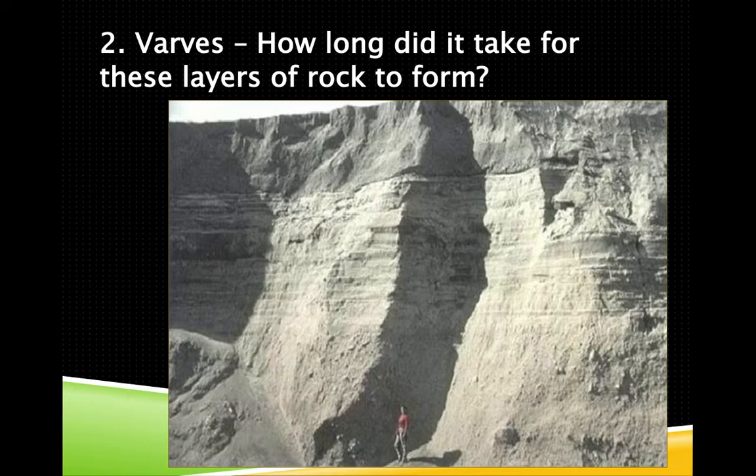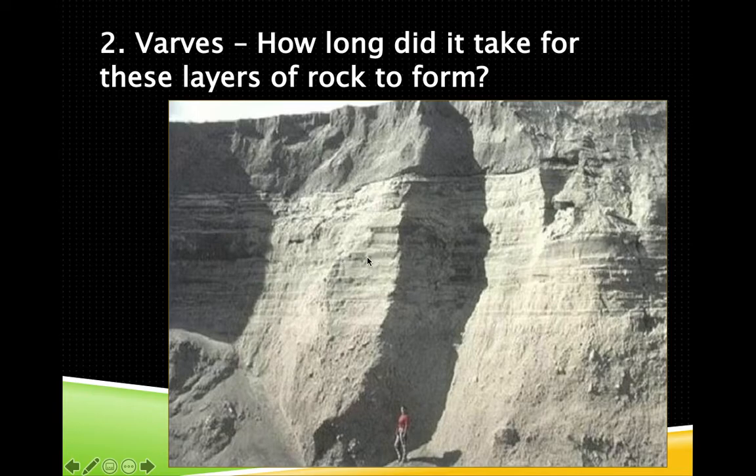Now, what I want you to do is take a look at this picture right here. This is not varves, but it is layers of rock. And you can see these layers. And when I say layers of rock, probably more likely layers of sediments. It's probably not really what they call consolidated.